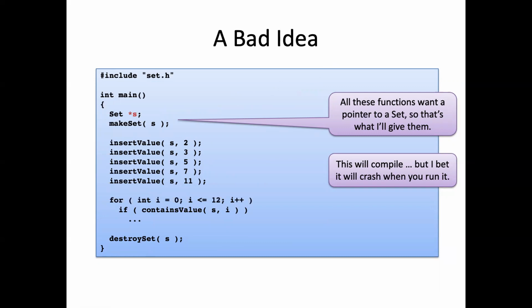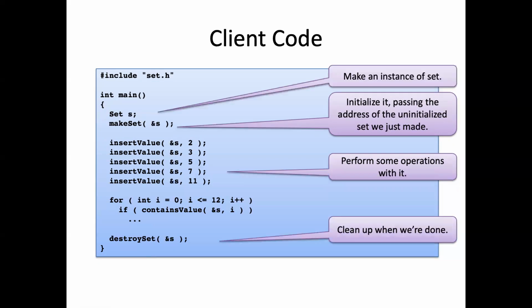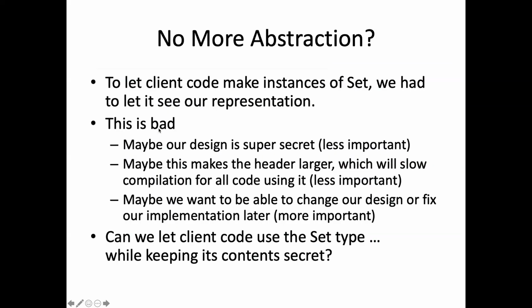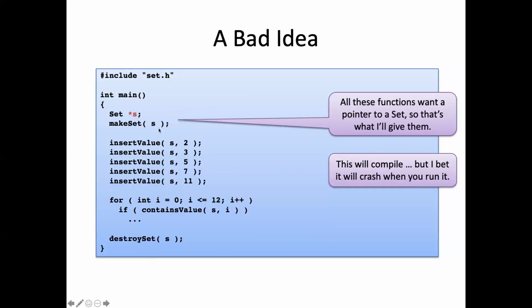Probably this is going to crash your program right away. The plan for this function is that you're going to use it like this. You're going to give it the address of a set that you already made, and it'll go in and fill in all of its fields. So here, sorry, again, I'm just showing this because it's a common mistake.